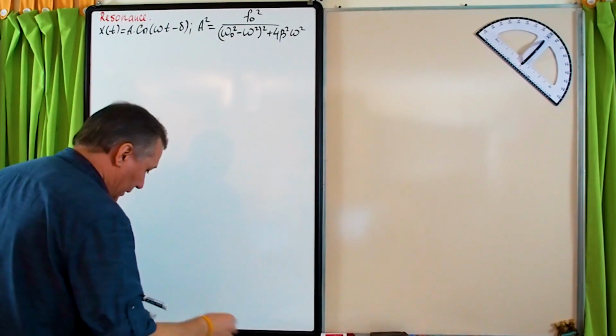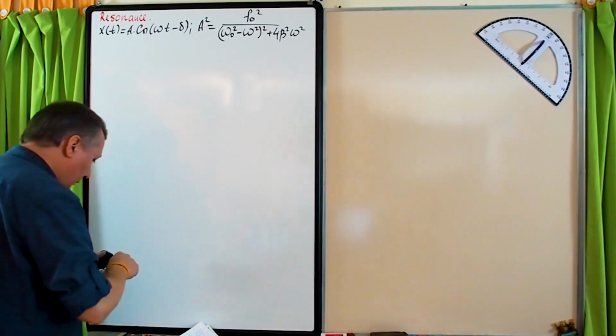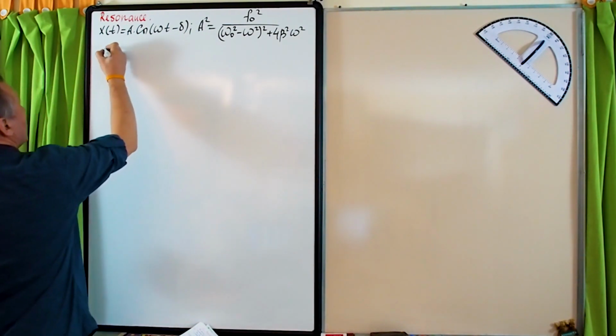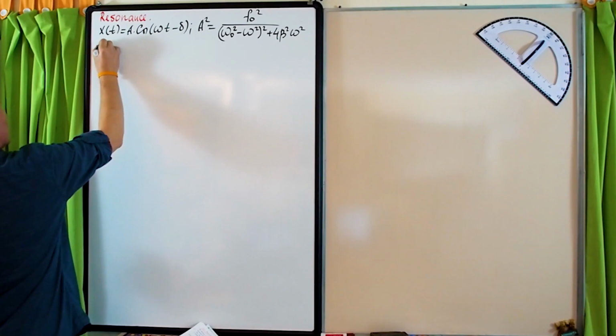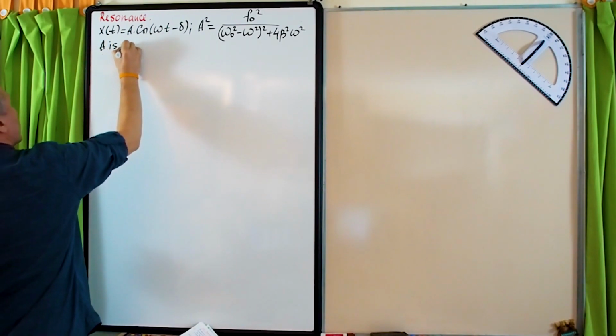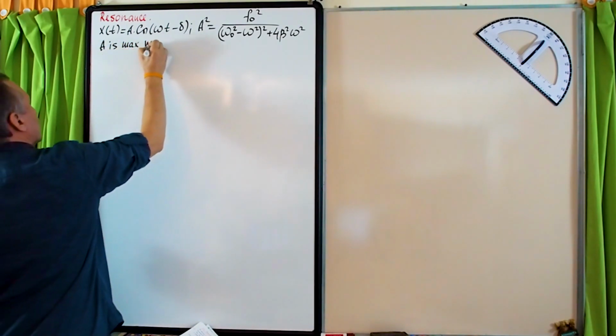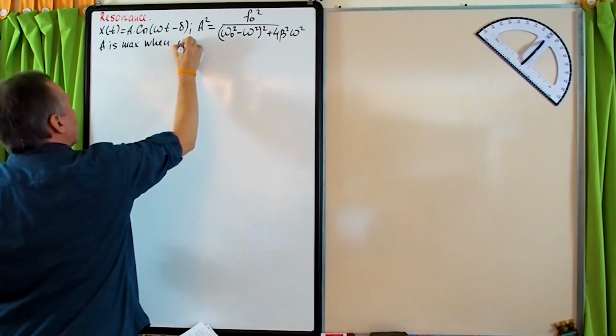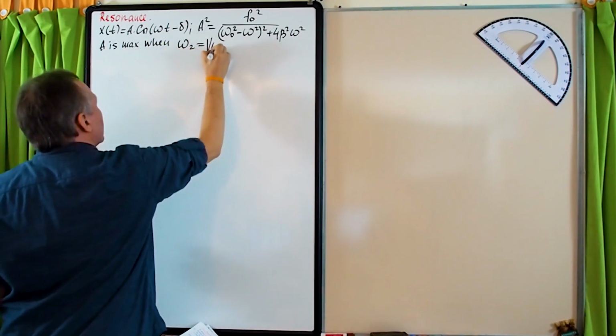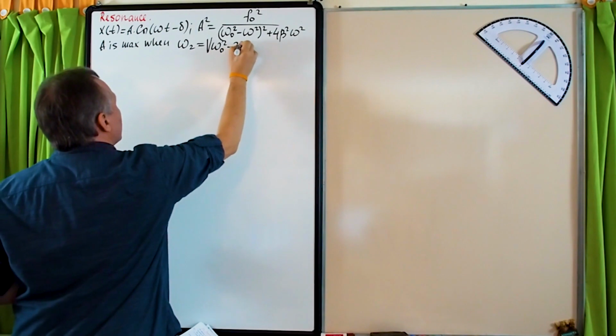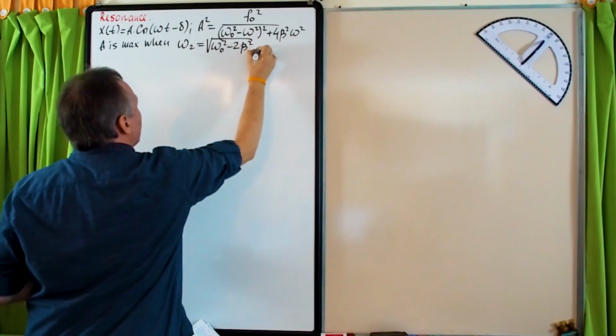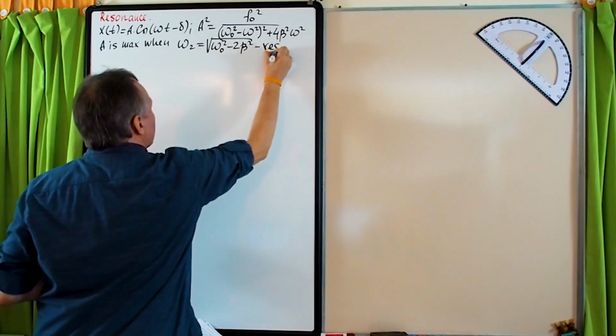We found that A is maximum when omega, we call it omega 2, equals omega naught squared minus 2 beta squared, and we call it a resonance frequency.